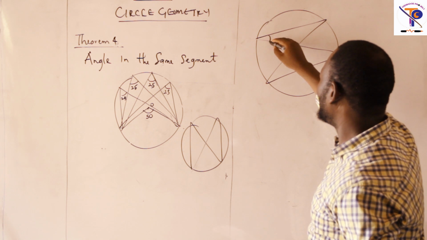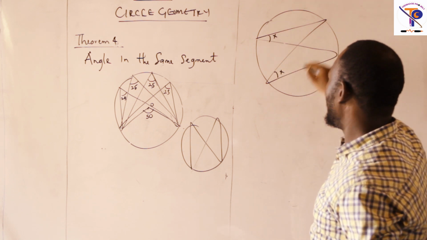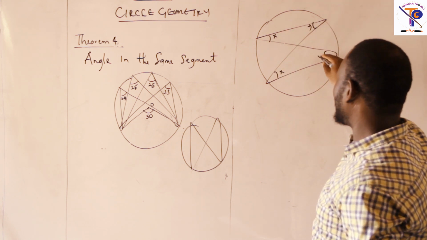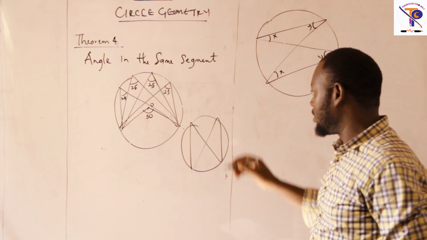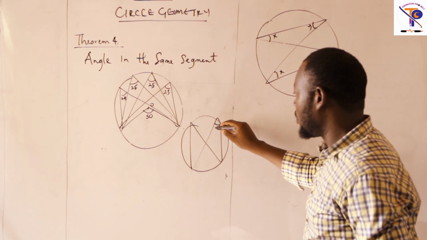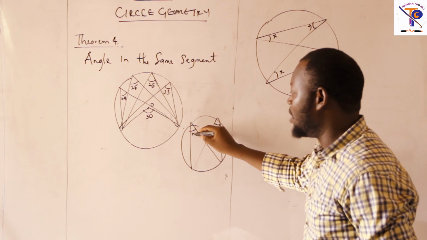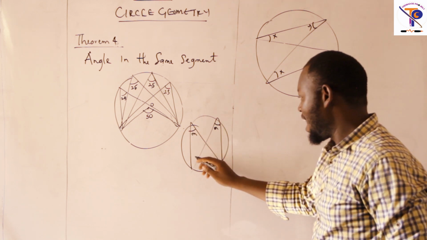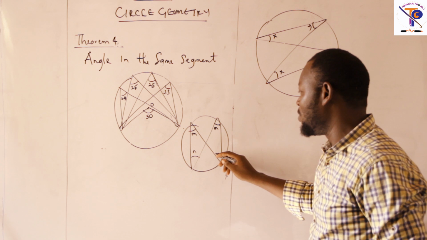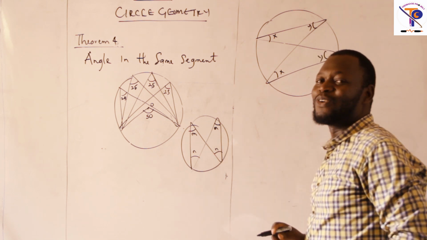So this angle x will be equal to this angle, and this angle will be equal to this angle. That is angle in the same segment. This one, we can call this m, it will be equal to this m, that is angle in the same segment. Likewise this one, n, will be equal to this one, n, angle in the same segment.